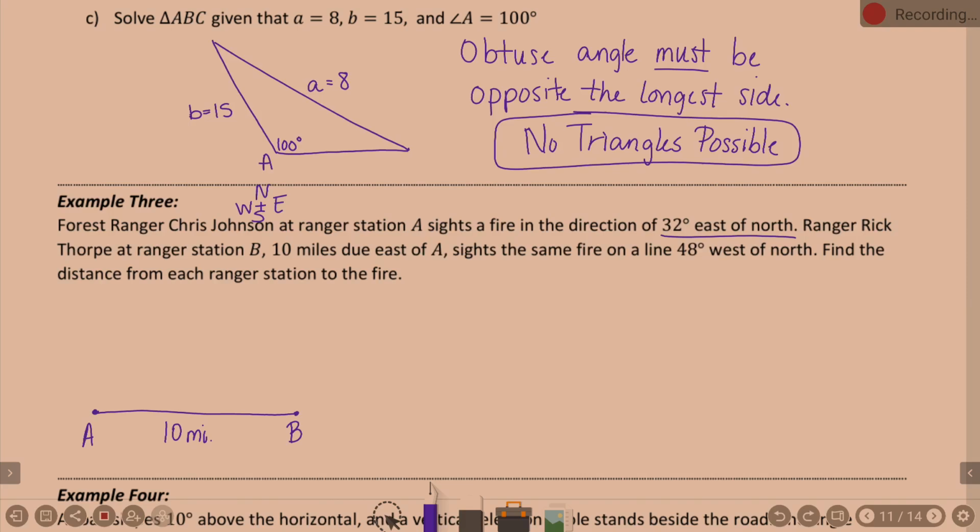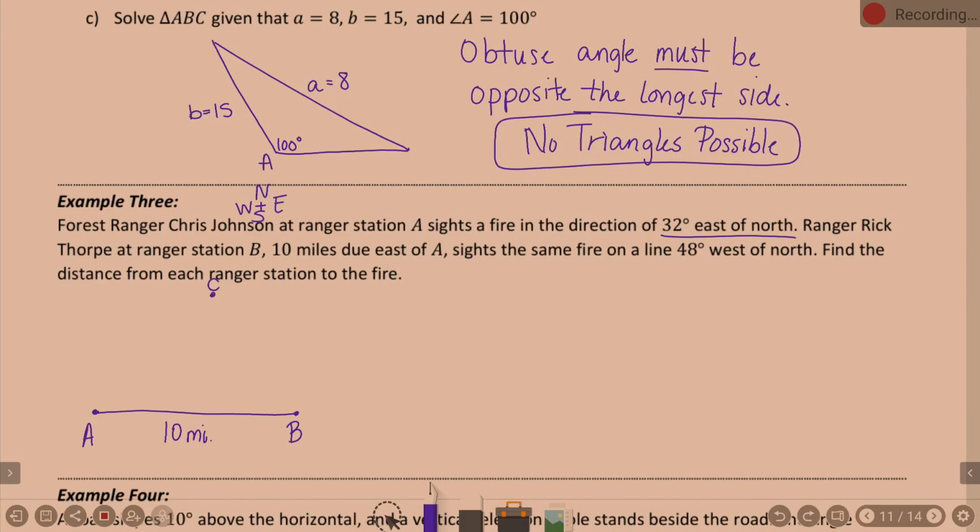So 32 degrees east of north is if you're looking north to the east, which is going to be on paper to the right. I'm going to put my fire up here. If we have A and B, what could I call the fire? I could call it C if you want.